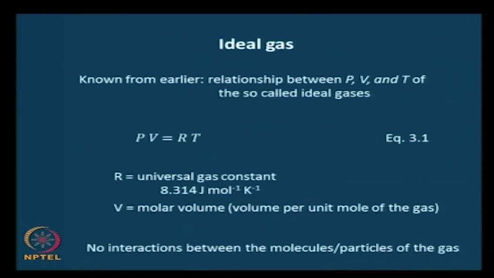That is when a gas would be ideal, and it so happens some gases, some noble gases, do follow the equation of state for ideal gas. This is called an equation of state. Any relationship between PV and T is an equation of state.